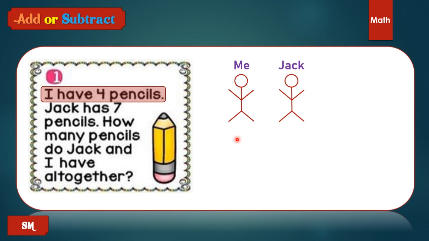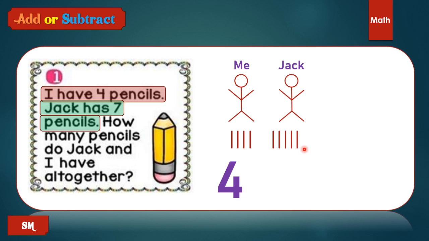Okay, let's draw 4 pencils. 1, 2, 3, 4. Which means that I have 4 pencils. Now Jack has 7 pencils. Okay, let's draw 7 pencils. 1, 2, 3, 4, 5, 6, 7.